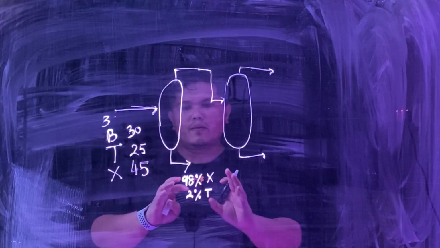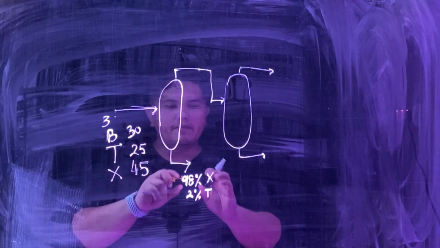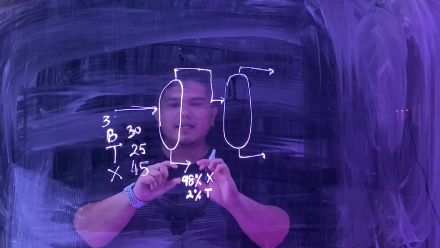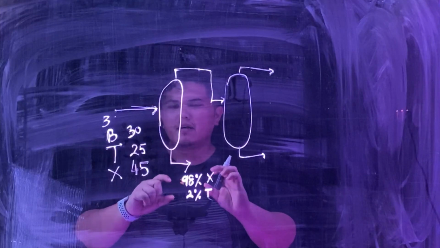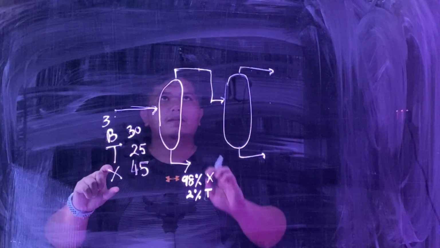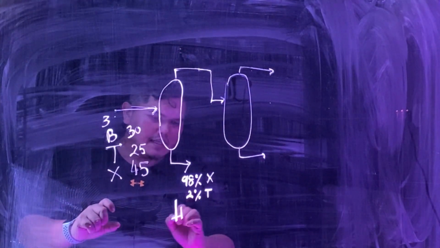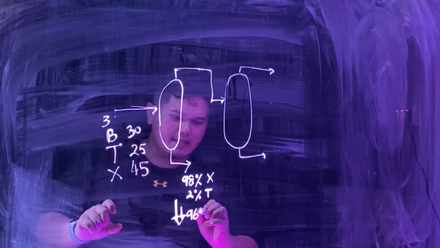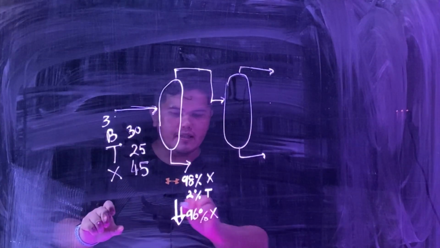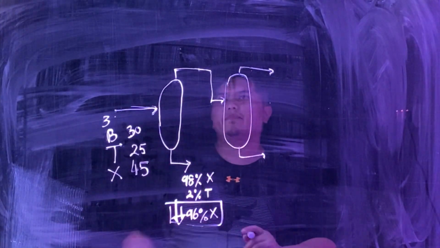And we were told as well that the xylene in this bottom product represents 96% of the xylene in the feed itself. So in the bottom product it is 96% of total xylene, okay, so 96% of total xylene is being recovered here.